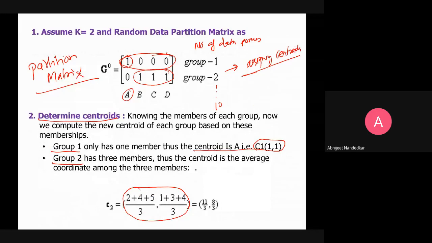Just add the x-coordinates of those 3 samples and the y-coordinates of these 3 samples, then divide by 3. The same thing is shown here: (2+4+5)/3, (1+3+4)/3. So C2 is (11/3, 8/3).